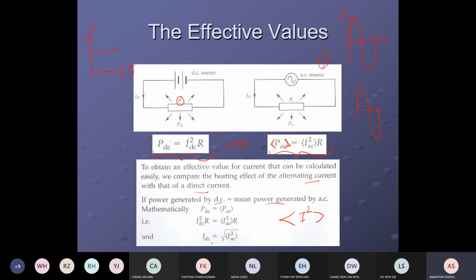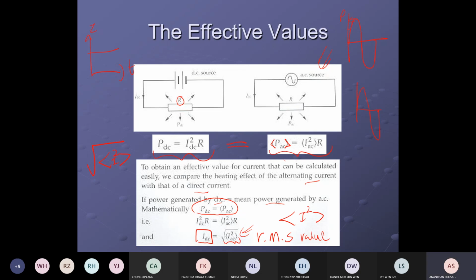So now you know what value is equivalent to the direct current, which gives the same power dissipation. What is the name of this current? You see, got root, it is called the root mean square value. This is called the root mean square value.